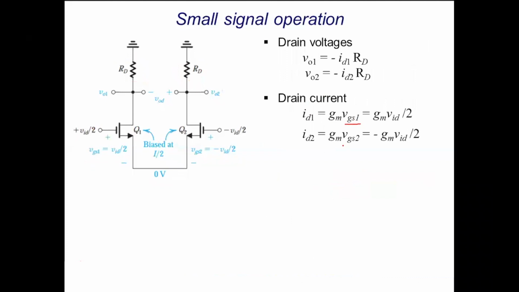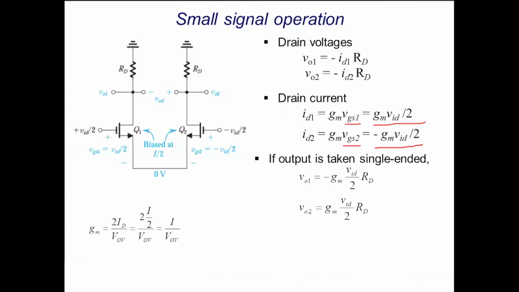On substituting these two values, we get ID1 equal to GM into VID by 2 and ID2 equal to minus GM into VID by 2. Now, if you substitute these current expressions in the drain voltages, we end up with VO1 equal to minus GM into VID by 2 into RD and VO2 equal to GM into VID by 2 into RD. So these are the output voltages which are taken single-ended.